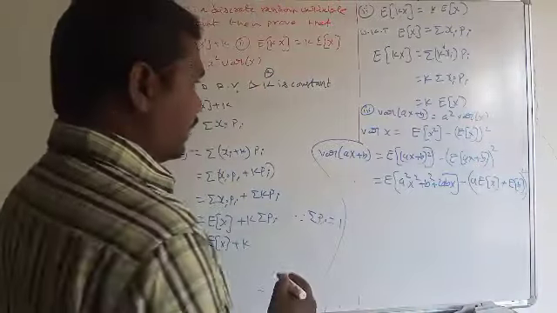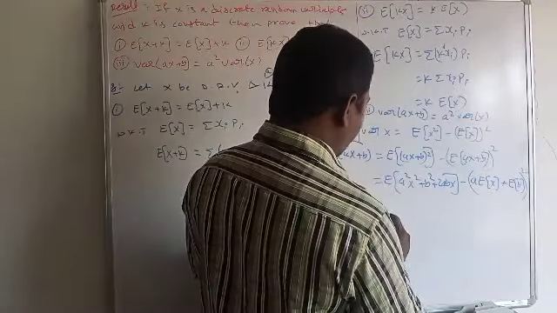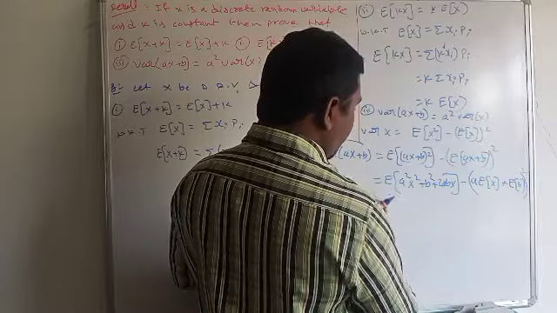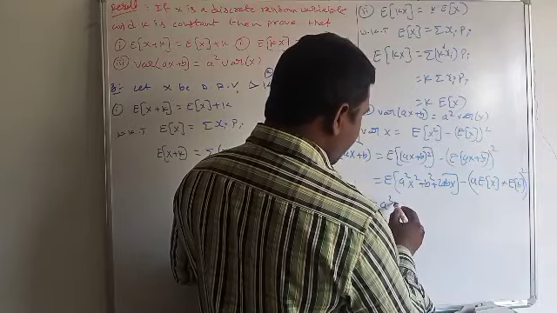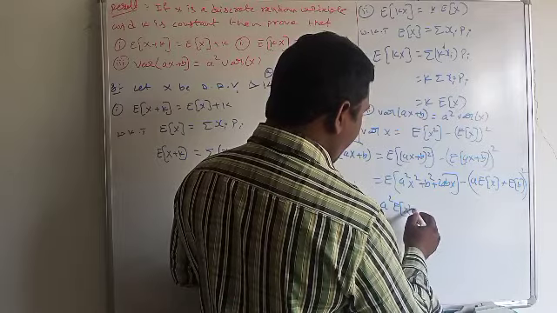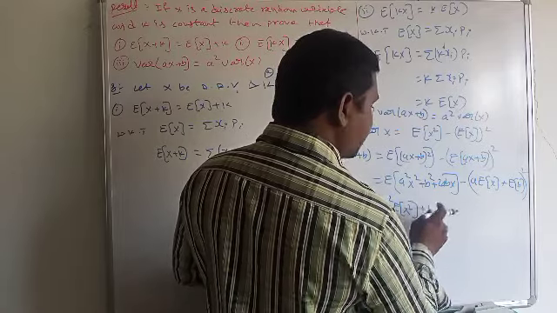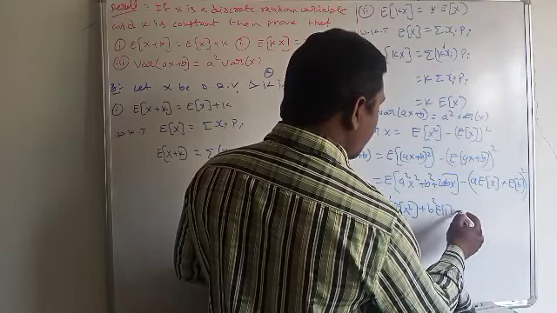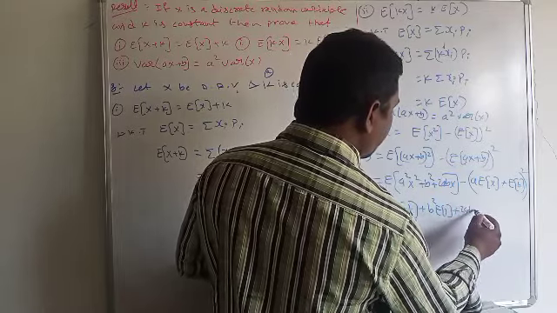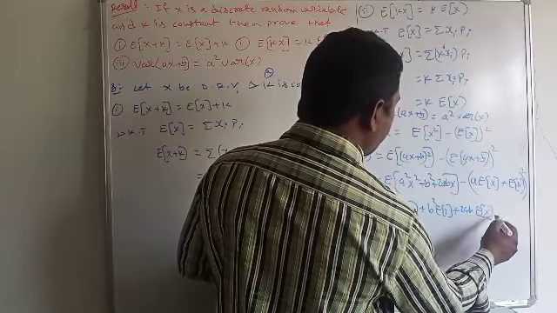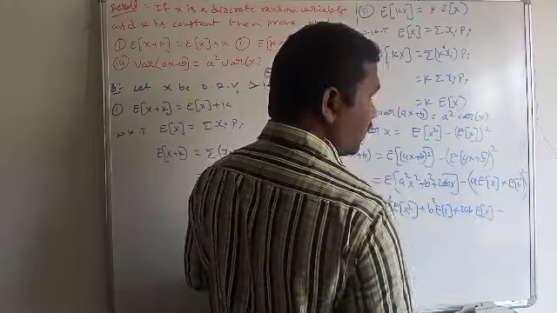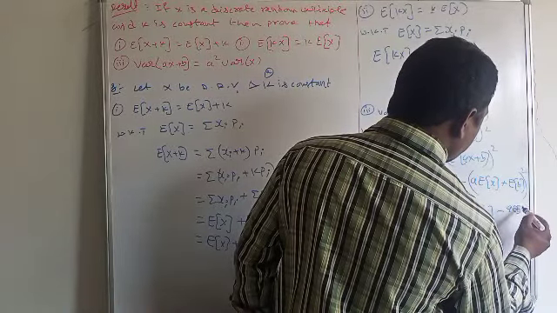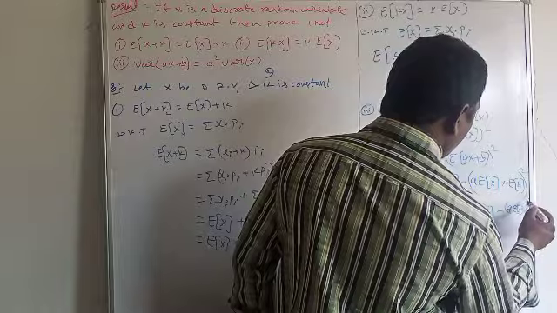Simplifying this, it implies expectation of a square, the constant comes out: a square expectation of x square plus expectation of b square, constant so b square into expectation of 1, plus 2ab constant so expectation of x minus a into expectation of x plus 1 whole square.